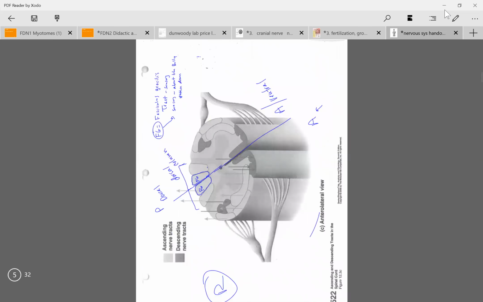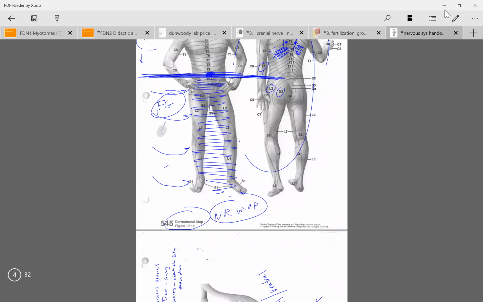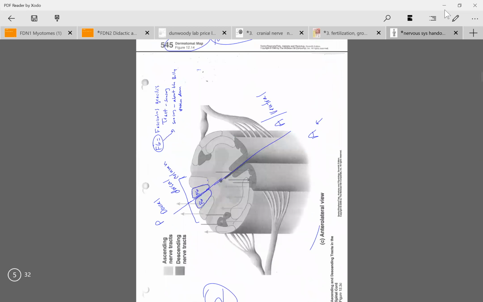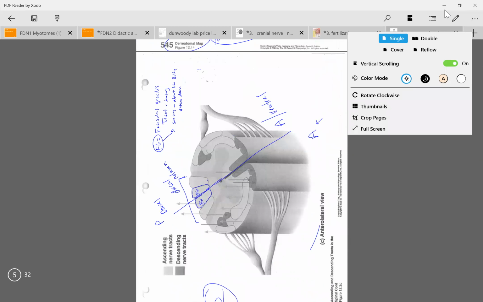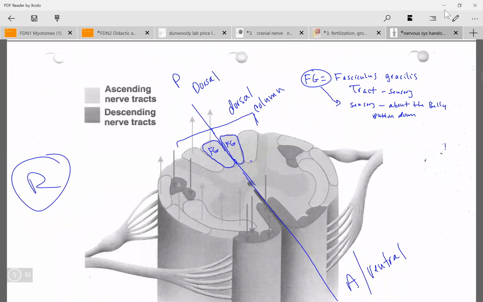Okay, and by the way, this is tactile information. So the fasciculus gracilis is responsible for tactile information coming into the body from everything about the belly button down.